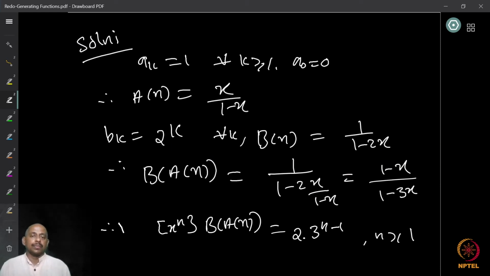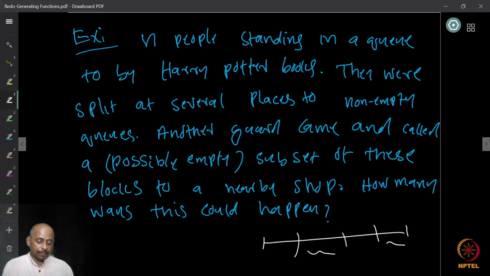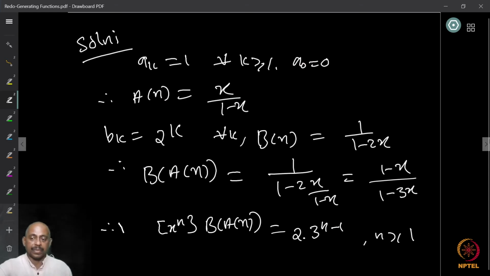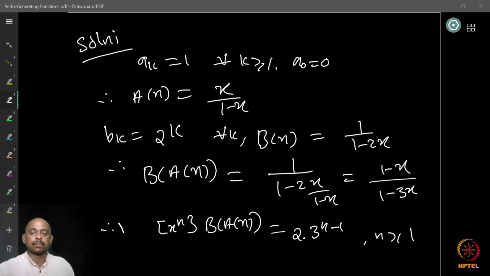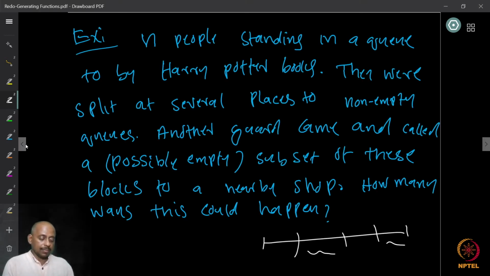So how do you solve this? We know that the number of ways of choosing this first type of thing, that is basically split into several places.